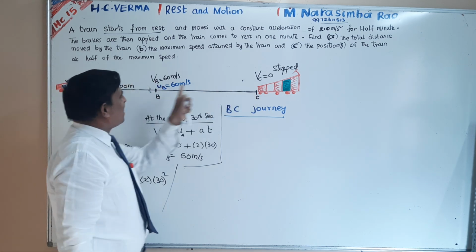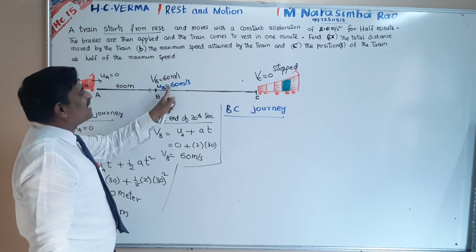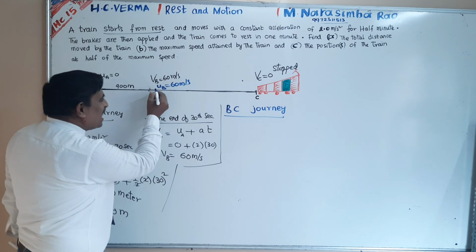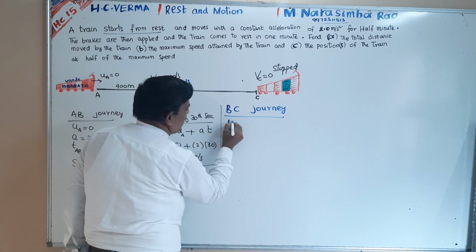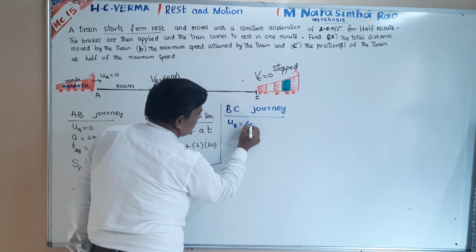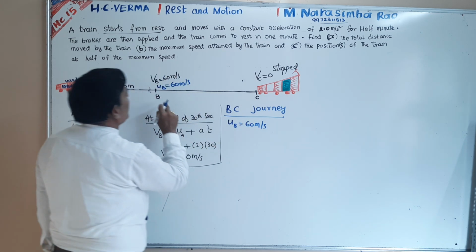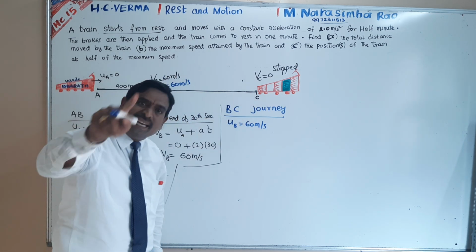For the BC part, this is the initial velocity. At the point B, for the AB journey this is the final velocity, but for the BC journey, 60 meters per second is the initial velocity. Finally, it has traveled for 1 minute.